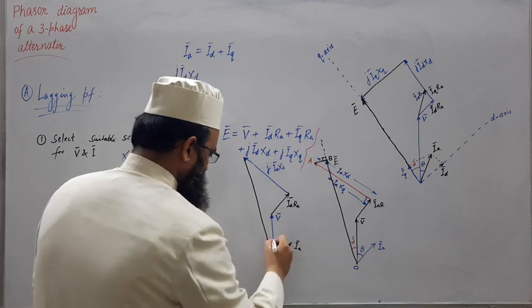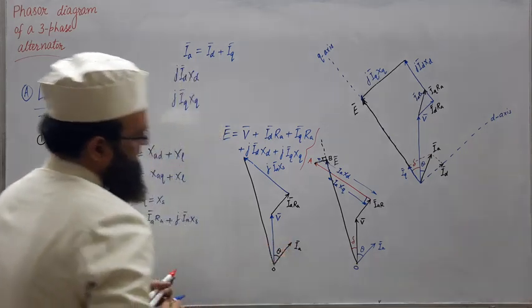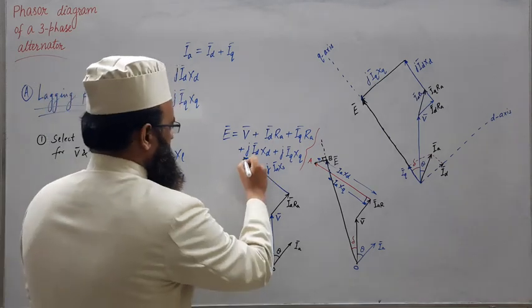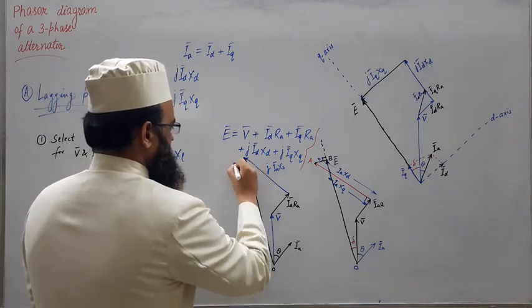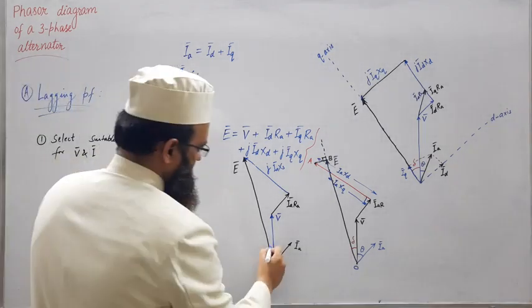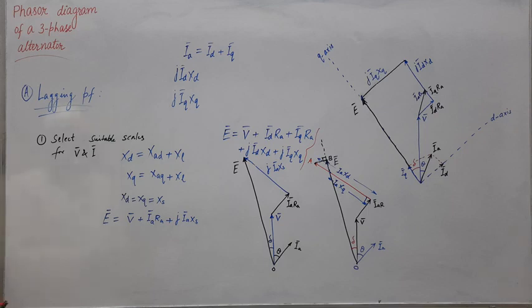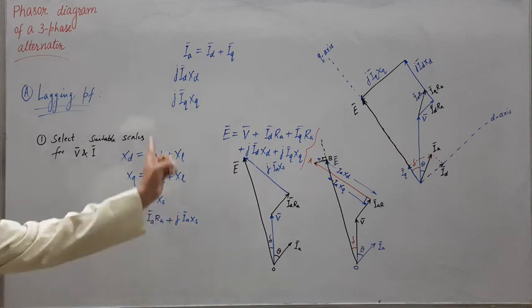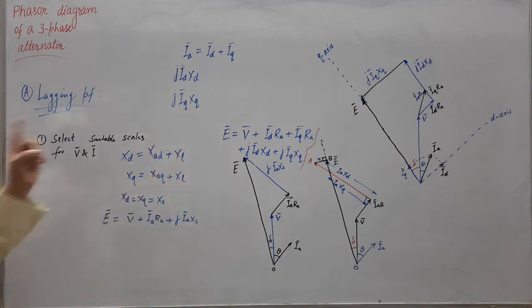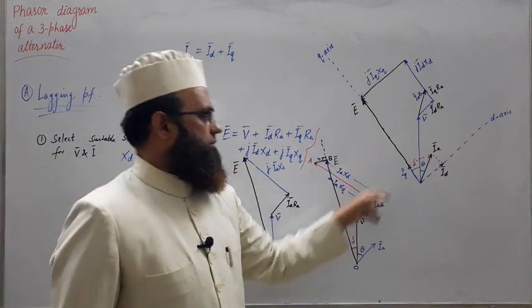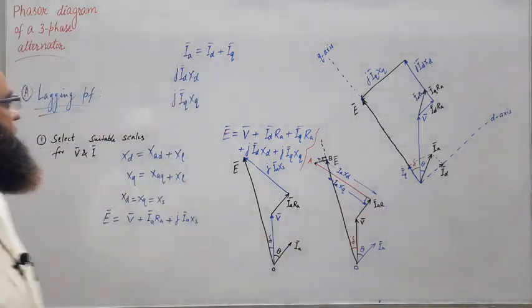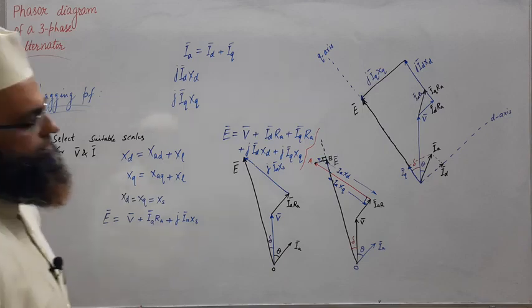This is V. So this will be our E, and this angle will be load angle delta between E and V. So this way we can draw phasor diagram of an alternator, a synchronous generator, for both salient pole as well as cylindrical for a lagging power factor load.